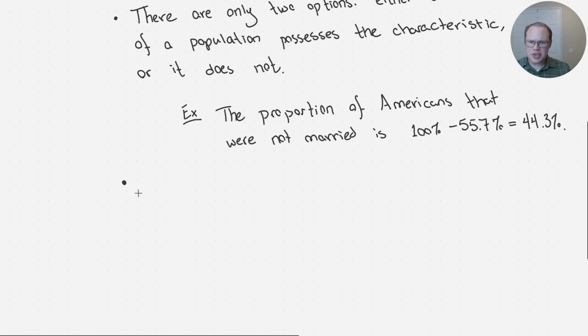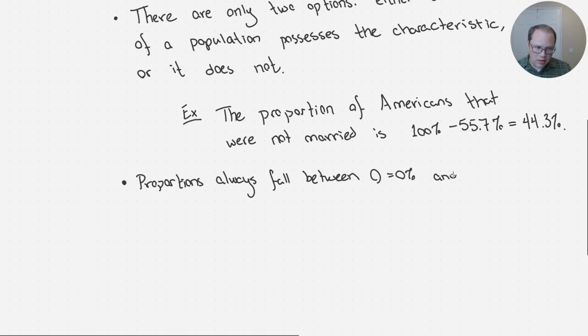Another observation, proportions always lie between 0, which equals 0%, and 1, which is equal to 100%. And that makes sense, right? You can't have less than 0% of a population possess a characteristic.